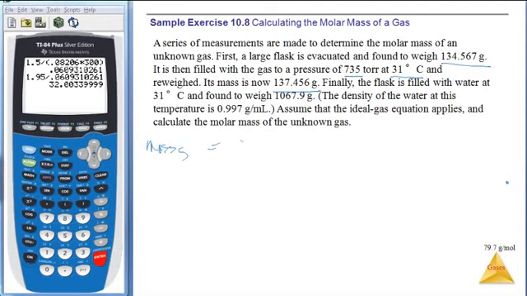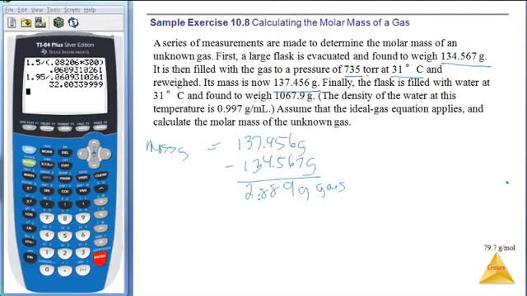It's going to be 137.456 grams minus the empty 134.567 grams. This is going to be 2.889 grams of gas.